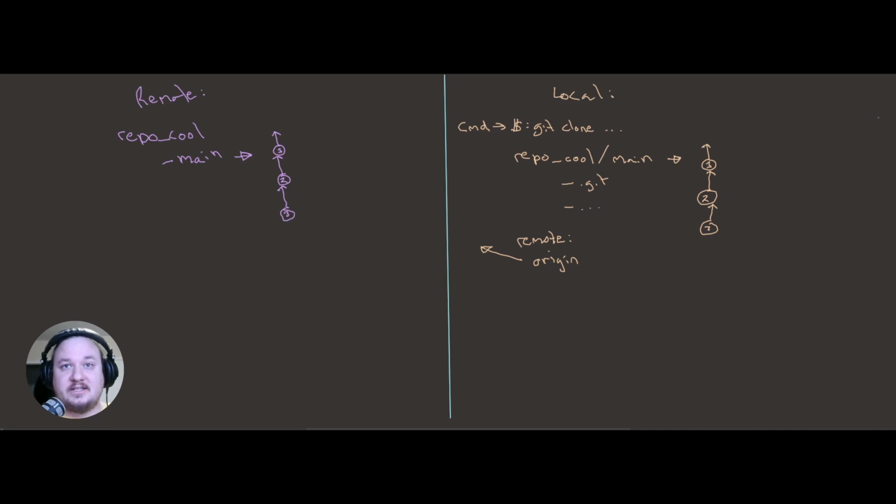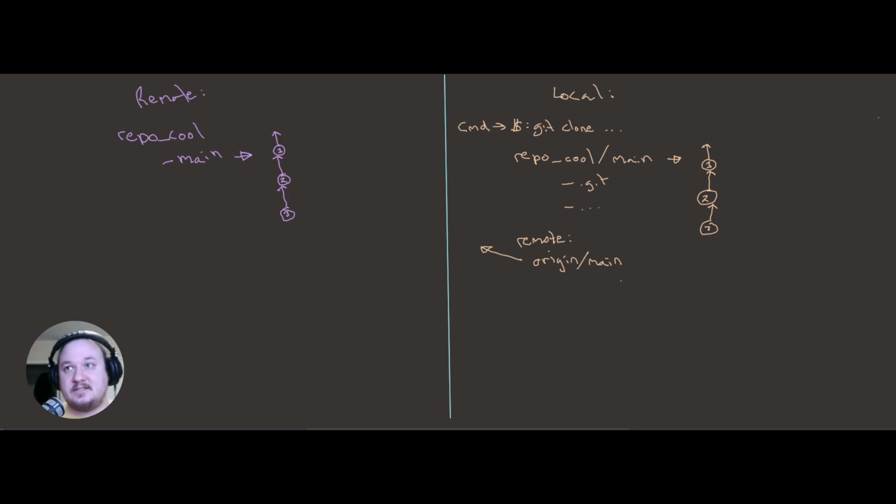Now, origin itself is a remote, but we also have this idea of a remote tracking branch. And so when we create our remote, we're going to get this remote tracking branch that's going to be pointing to main.